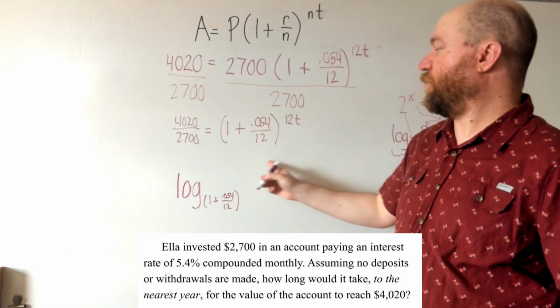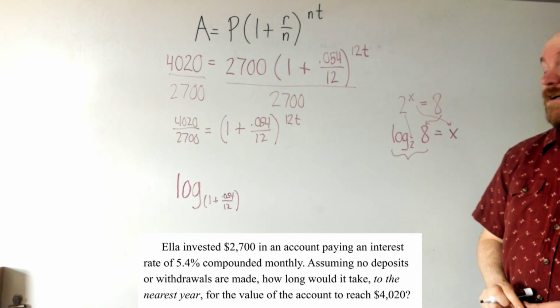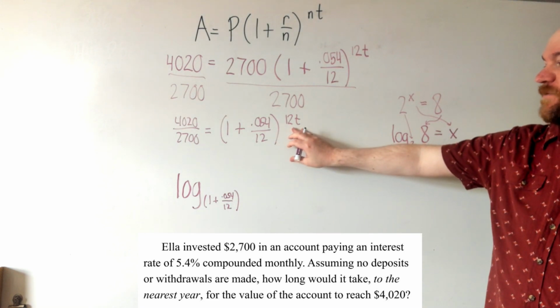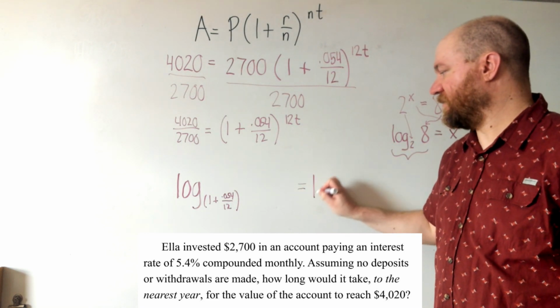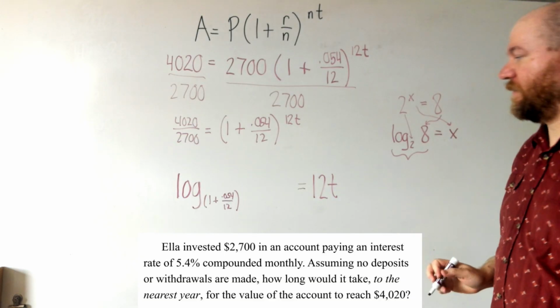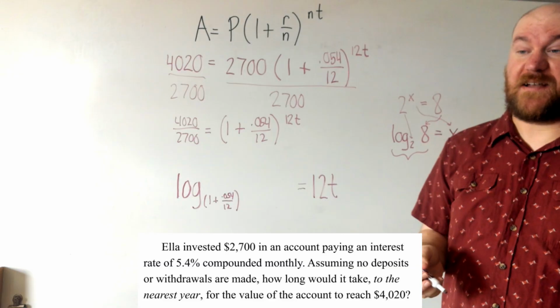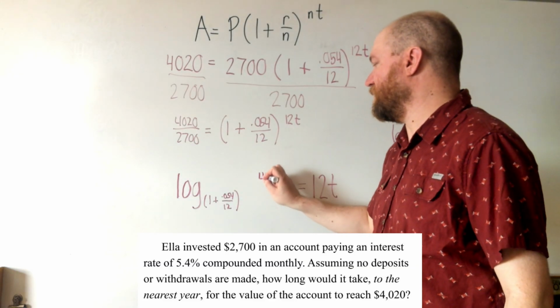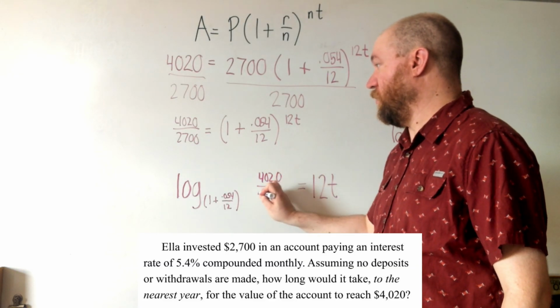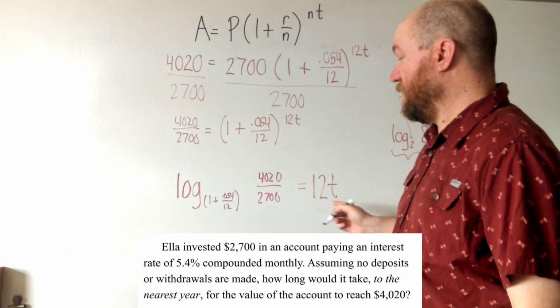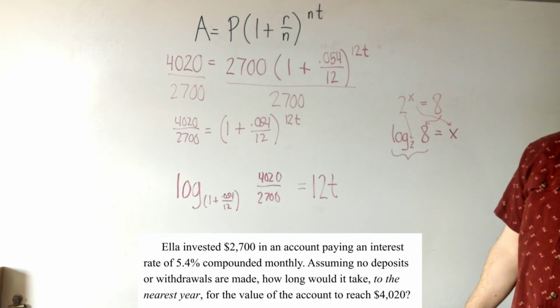Remember, whatever the exponent is attached to, that's the base of the log. Whatever the exponent was, that becomes the answer to our problem. And the thing we are logging is whatever used to be by itself on the other side of the equation. So 4020 over 2700. So this is the problem we do on our calculator.